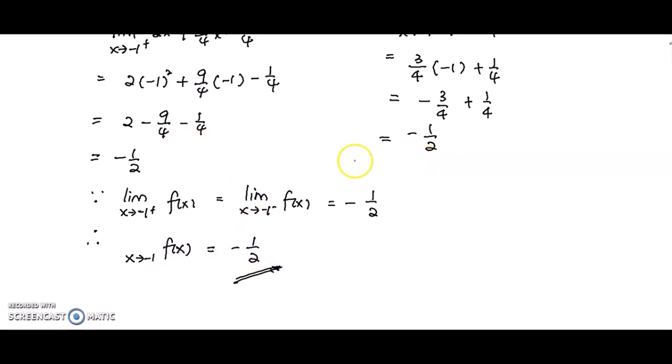If they are not equal, meaning the right hand limit is not equal to the left hand limit, then you can say that the limit as x approaches -1 does not exist.